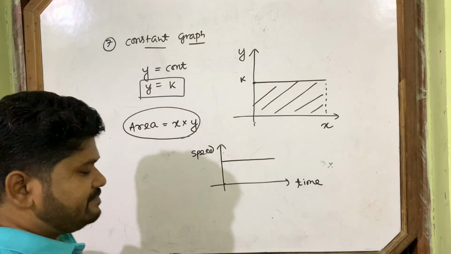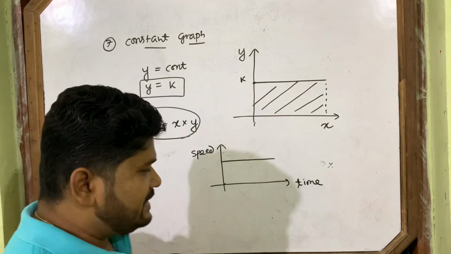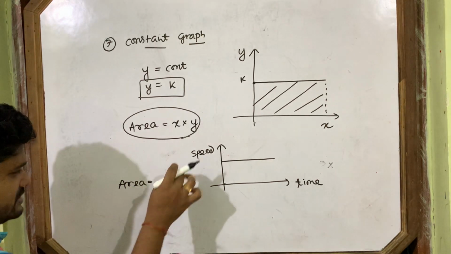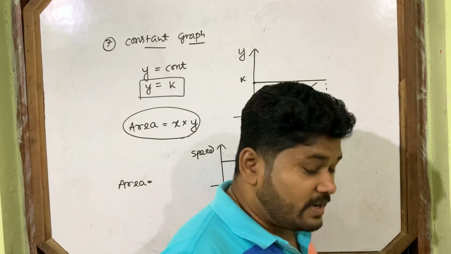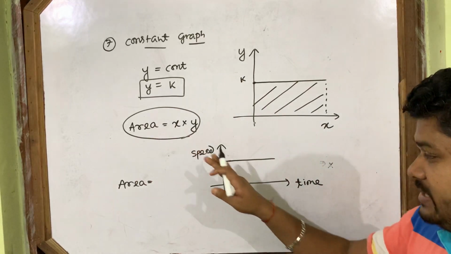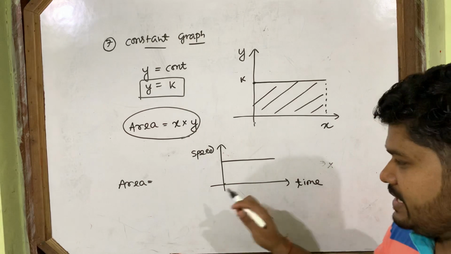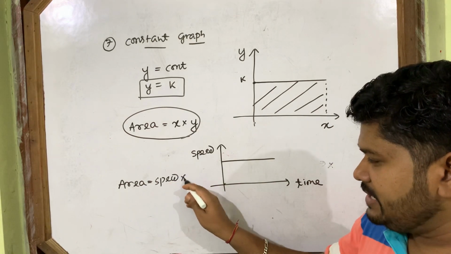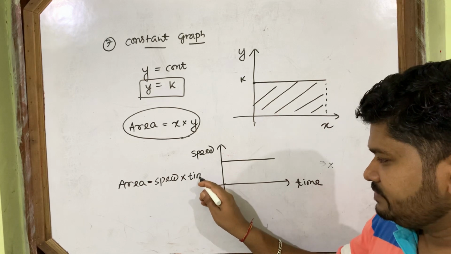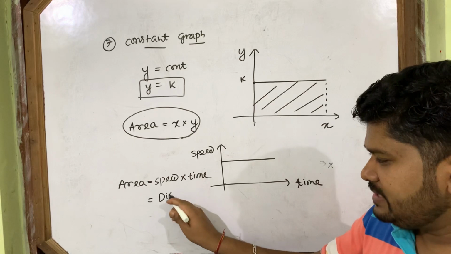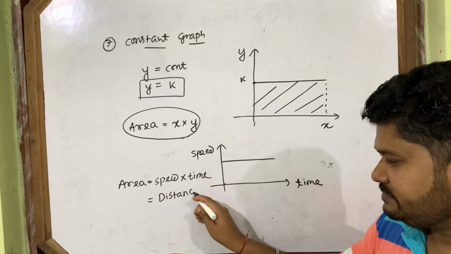But what does this area of the graph provide? Use the concept I told you: whenever the area is asked, you do y into x. So the area under the graph provides the value of y into x. Speed into time is nothing but distance.